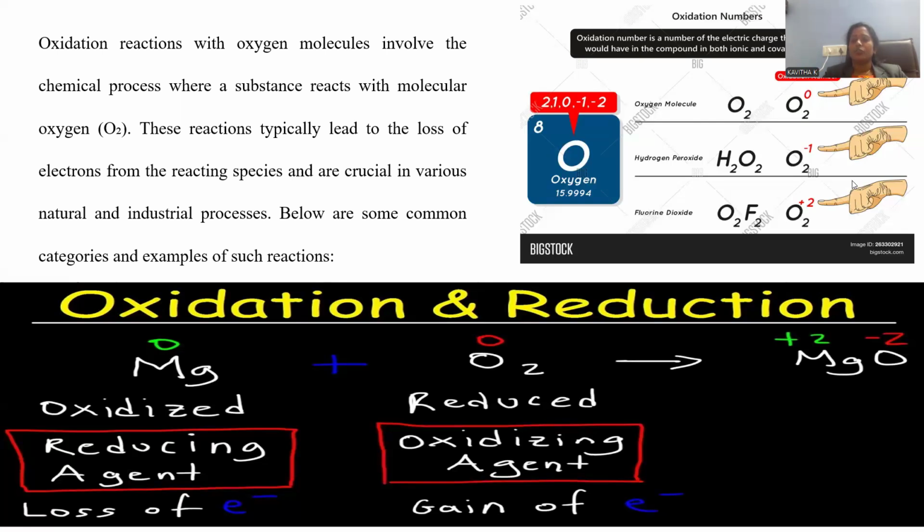Here you can observe that whenever oxygen is in molecular oxygen form, the resultant charge is zero. And whenever you have hydrogen peroxide, the peroxide oxygen is always accommodated by a -1 oxidation state. In the case of oxygen difluoride, it depends upon the electronegativity difference.